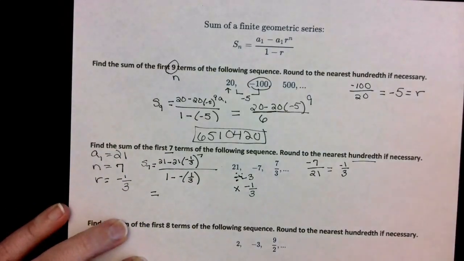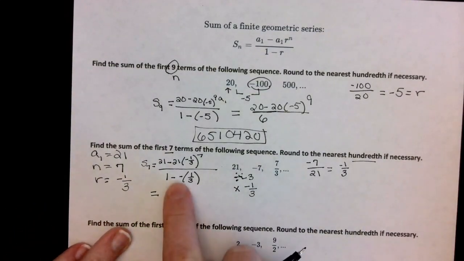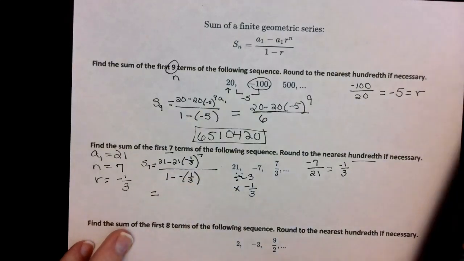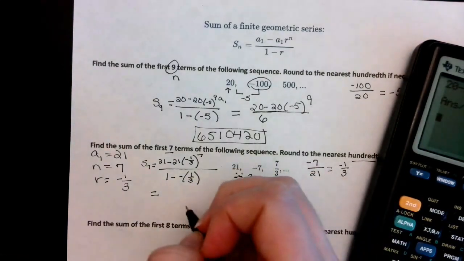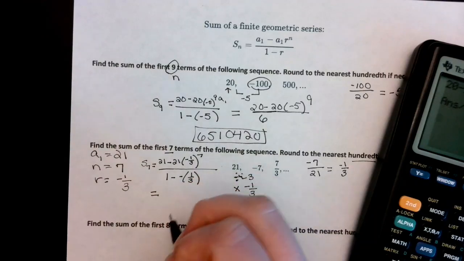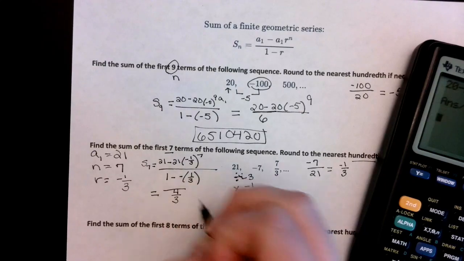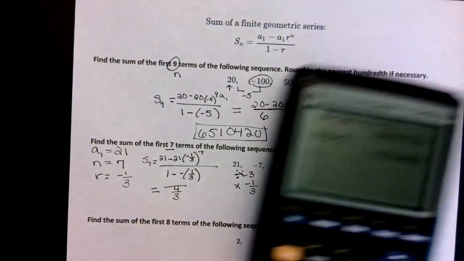Okay, I'm going to clean up the bottom first. 1 plus 1/3. You can leave it as 1.33, or you can make it 4/3. Either works. Now I'm going to clean up the top.